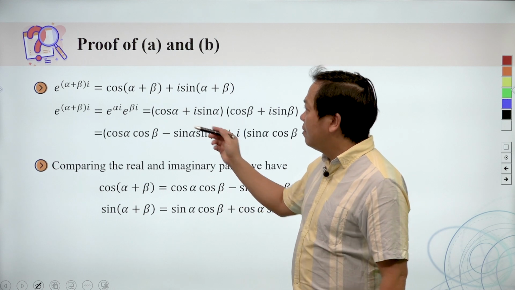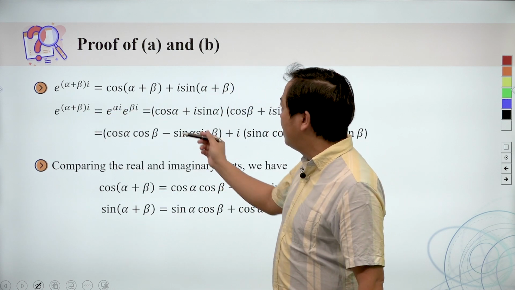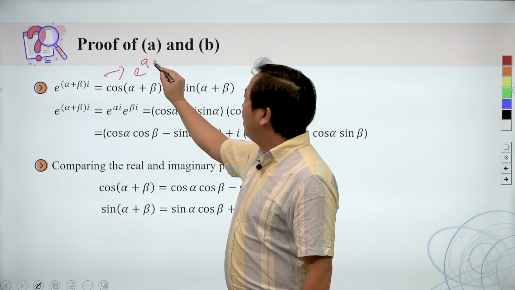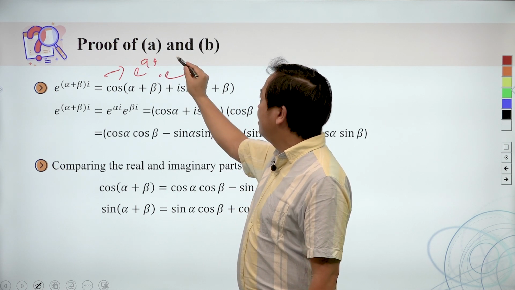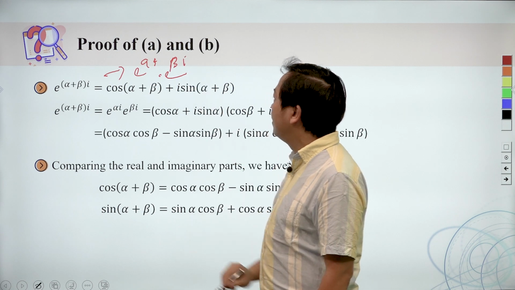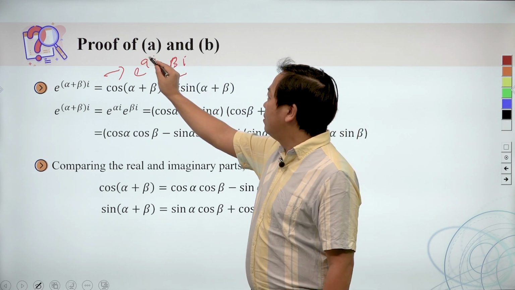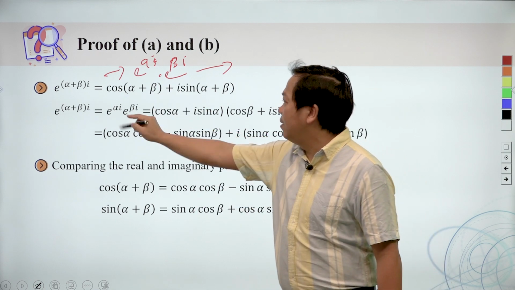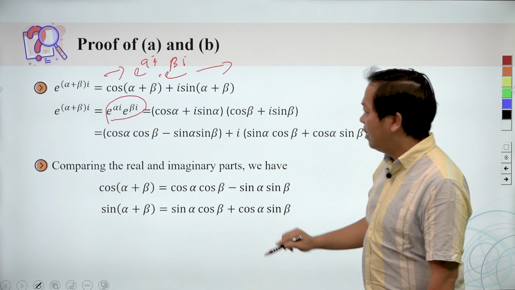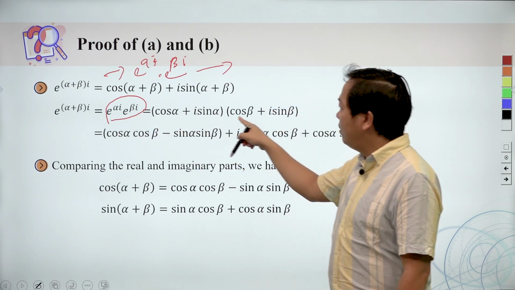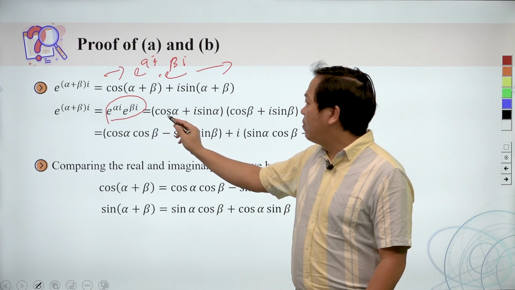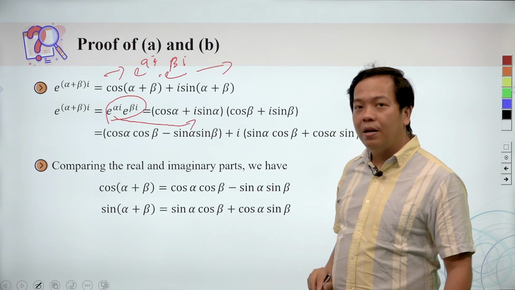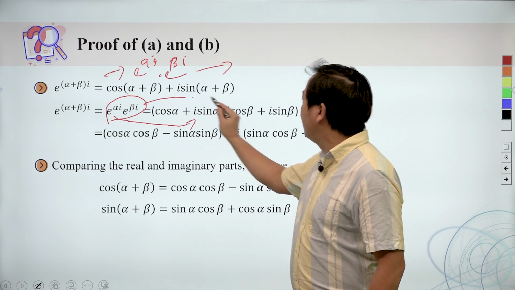So this is how, when you calculate something like e^(i alpha), e^(i beta), you can use this Euler formula. This one equals this one, right, by the Euler formula, and this one equals this one.